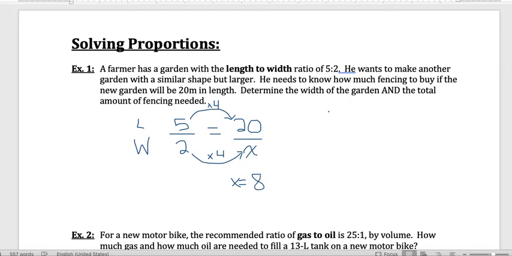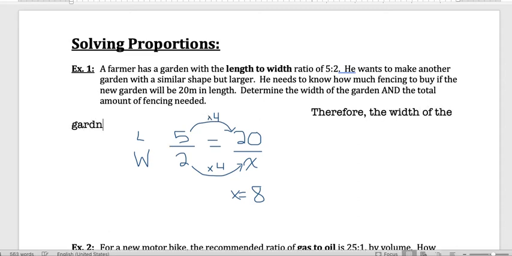So determine the width of the garden. So then we would have our therefore statement. Therefore, the width of the garden is 8 meters. But it also asks us to determine the total amount of fencing needed for the garden.